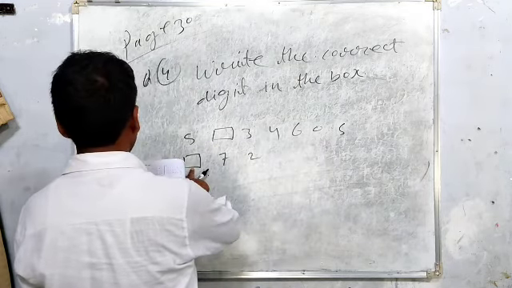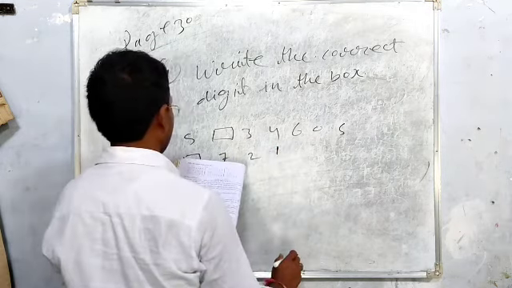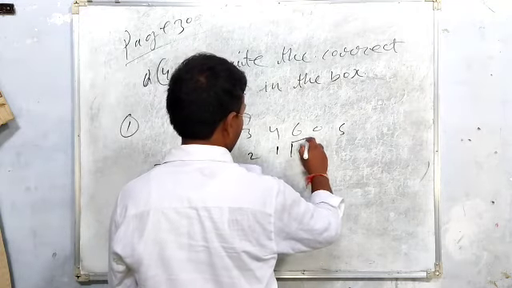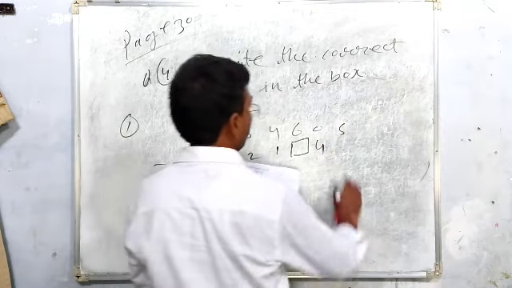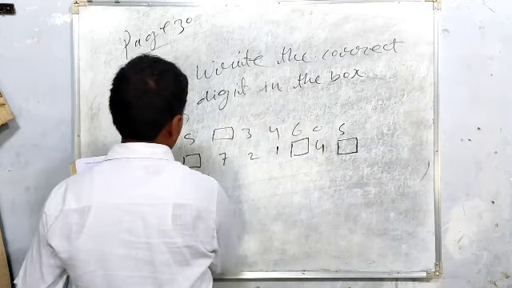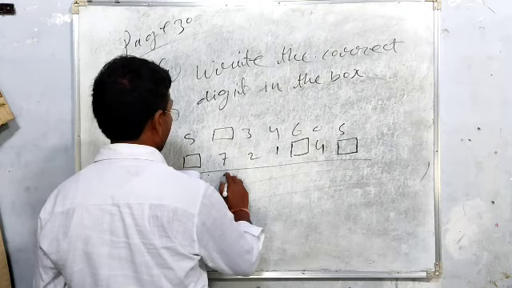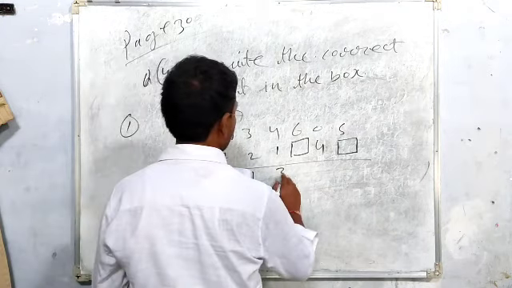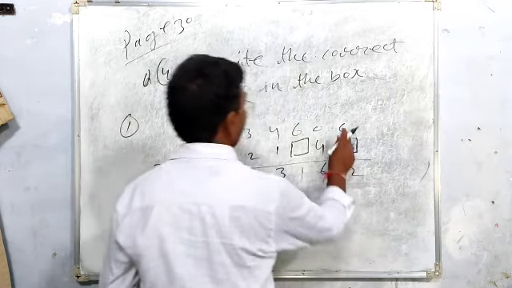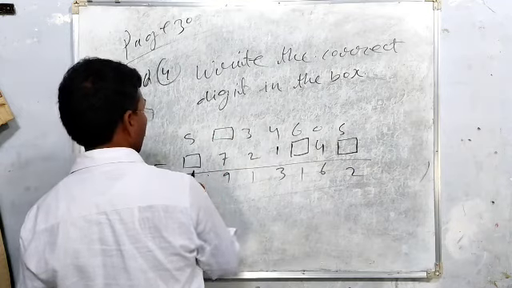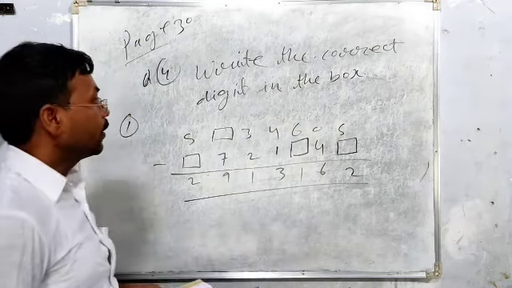The first space is a box, then 7, then 2, then 1, and here a box is made, and then here 4, and then here a box. And the answer is given here: 2 9 1 3 1 6 2. So here the answer is already given.